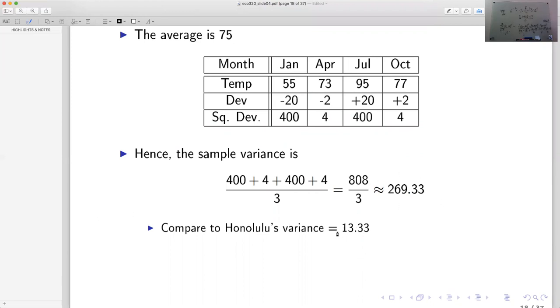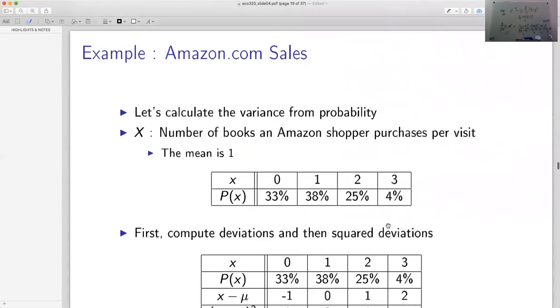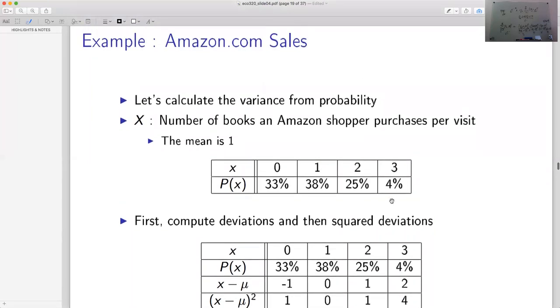So by looking at these two numbers alone, you can tell that the weather in Phoenix is more widely distributed. Now we're going to talk about what happens when you have a probability. So let's calculate the variance from probability.